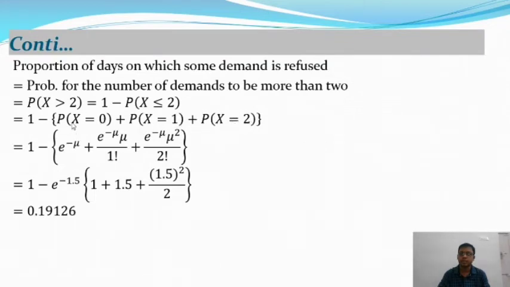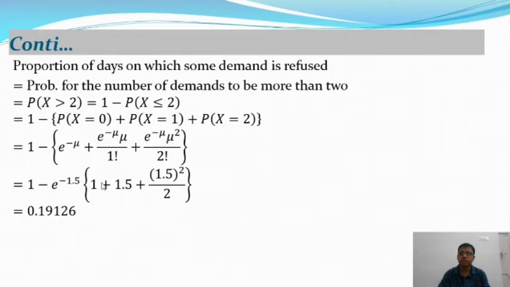Where probability of x equal to 0, probability of x equal to 1 and probability of x equal to 2 are given by the probability mass function of the Poisson distribution. So it is e to the power minus mu plus e to the power minus mu into mu by 1 factorial plus e to the power minus mu into mu square by 2 factorial, where mu is equal to 1.5.